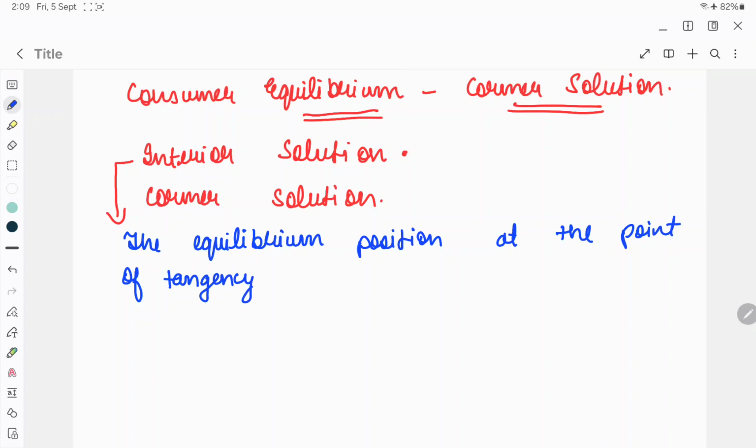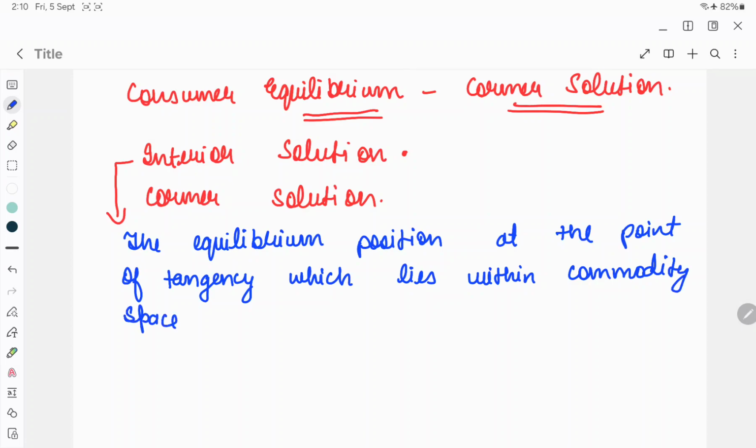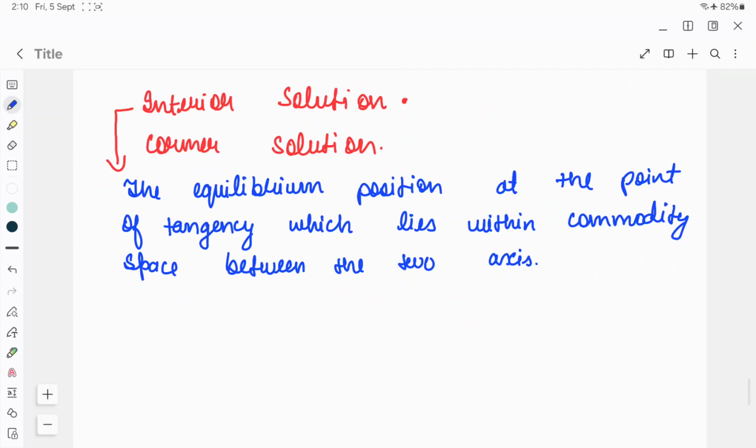The tangency between the budget line and the IC curve, at the point of tangency, which lies within the commodity space between the two axes, the x-axis and the y-axis, quantity purchased of good x and quantity purchased of good y. That means the consumer is buying both the quantities of good x and good y. Now this is called the interior solution.